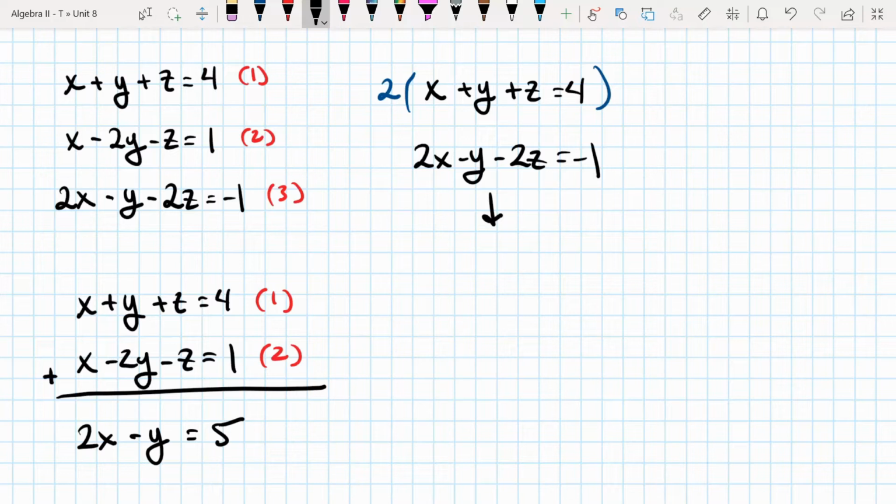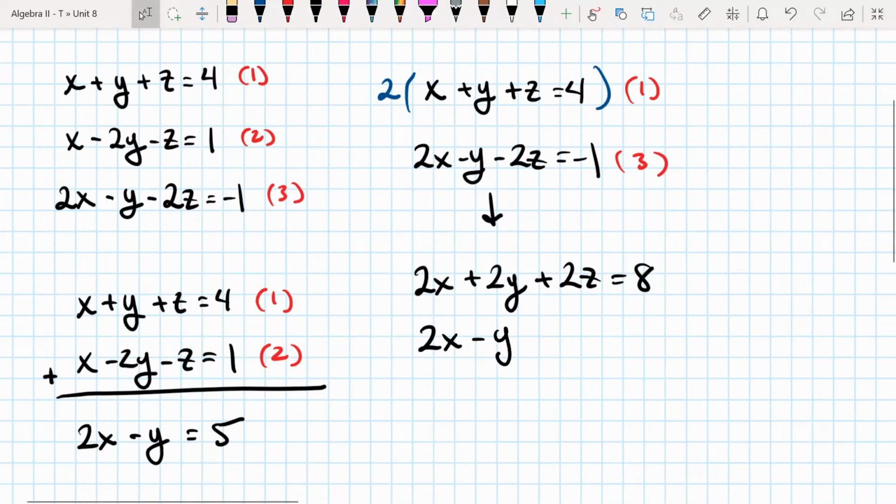So now let's distribute the 2 to all 3 of these terms on the left-hand side of the first equation. This is equation 1, equation 3. So now we have 2x plus 2y plus 2z equals 8. And we'll keep this third equation the same.